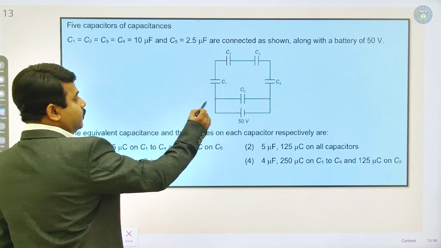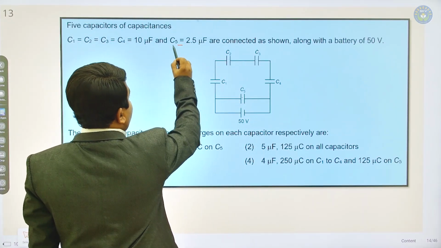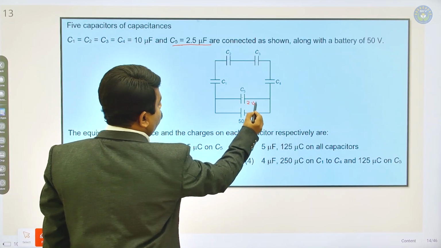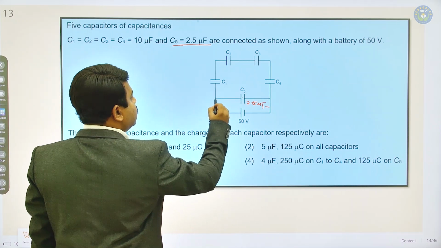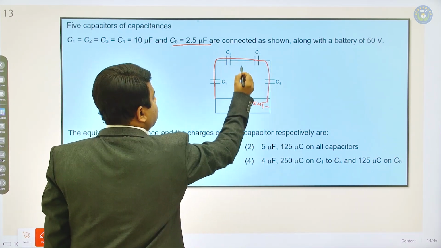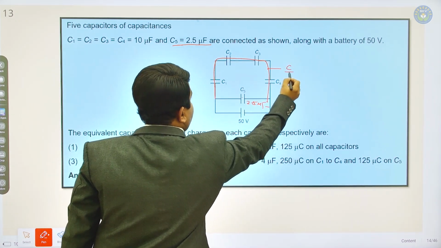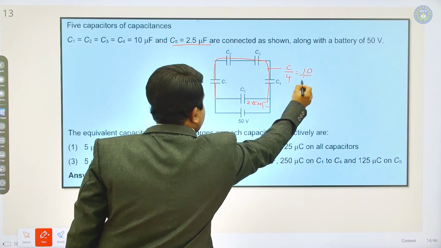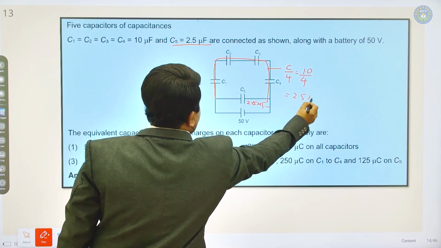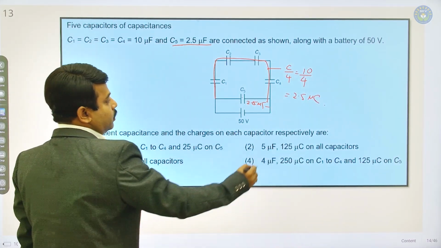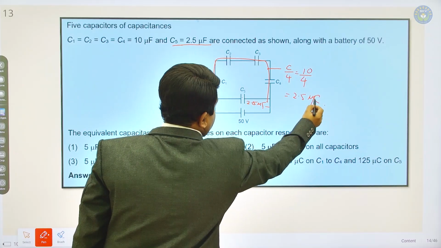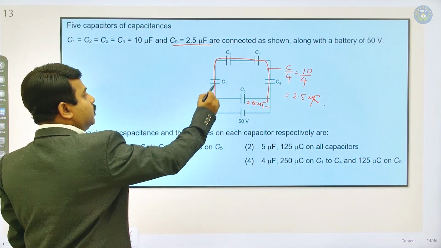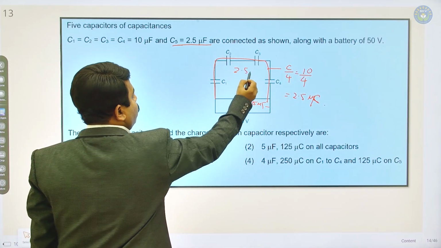See, this capacitance C5 is given as 2.5 microfarad. Now these 4 are in series, then the effective is C by 4 only, that is 10 by 4, that is also 2.5 microfarad, right?